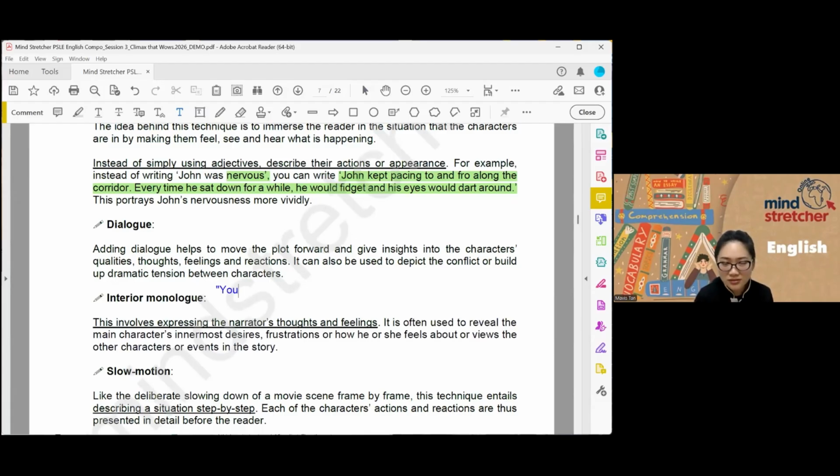You liar! So instead of saying hi, bye, your dialogue must contain information related to the theme. Like here, you liar! Return us the stolen items, or else we will call the police.